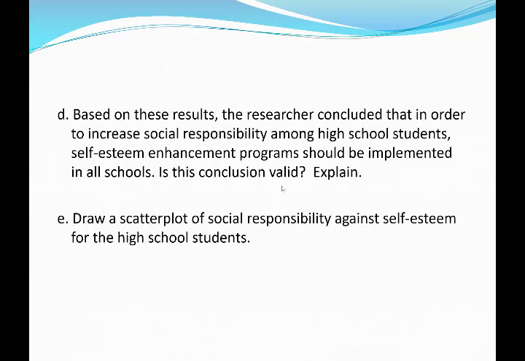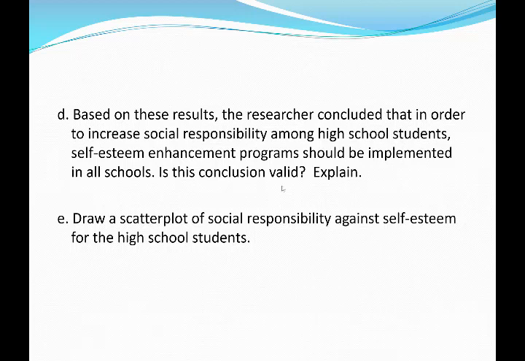Just because two things are related does not mean that one causes the other. If anything, maybe self-esteem may cause one to be socially more responsible. Or it may be that you are socially responsible, and that tends to contribute to a high level of self-esteem. So you don't know if X causes Y or Y causes X at this point, because we just know that these two things are related.